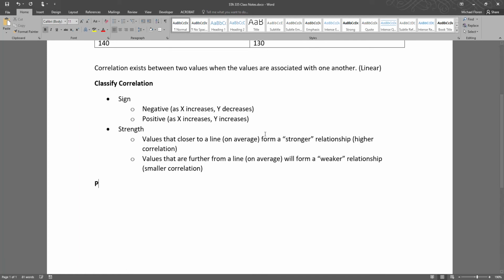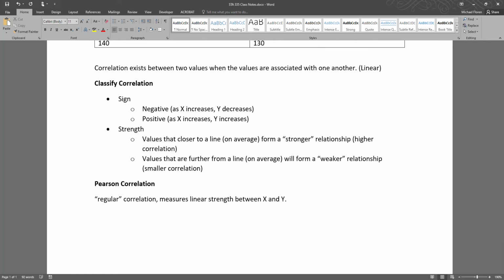We'll start by talking about the Pearson correlation coefficient. The Pearson correlation you can think of as the regular correlation and measures the linear strength between x and y.